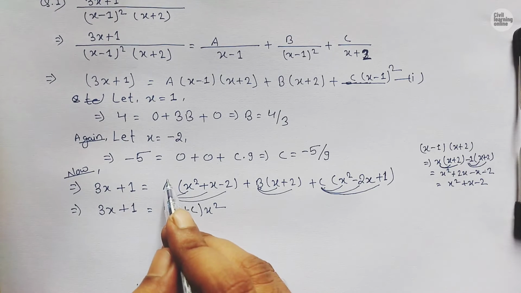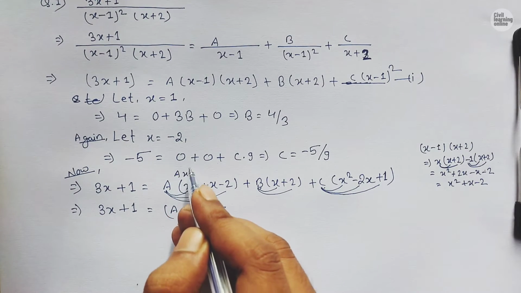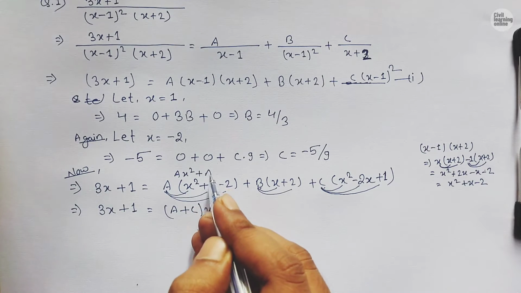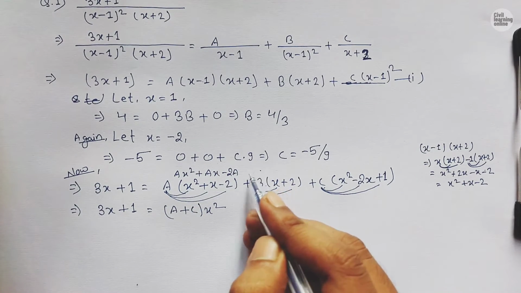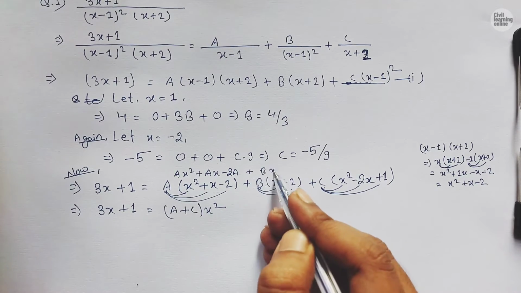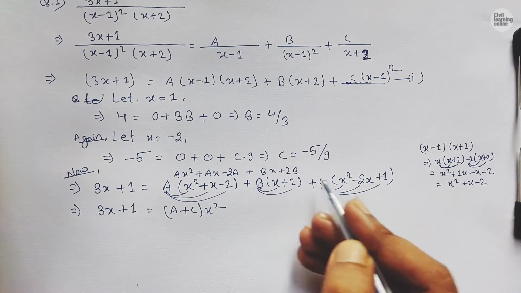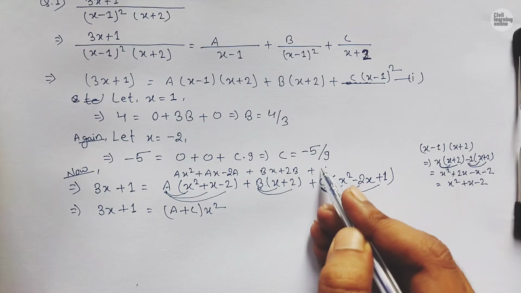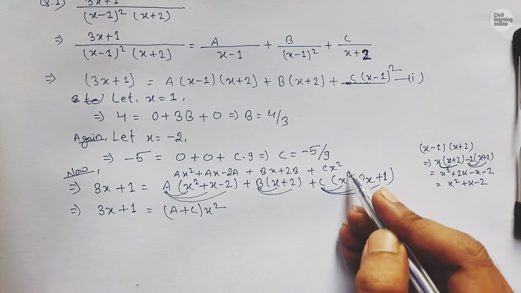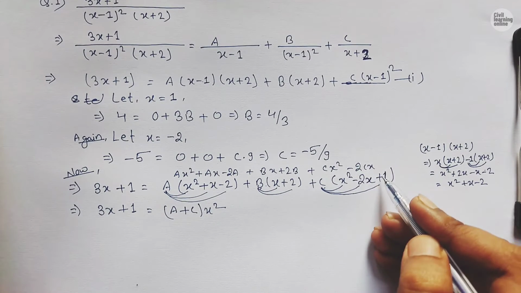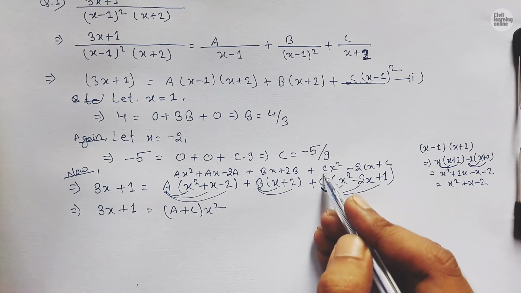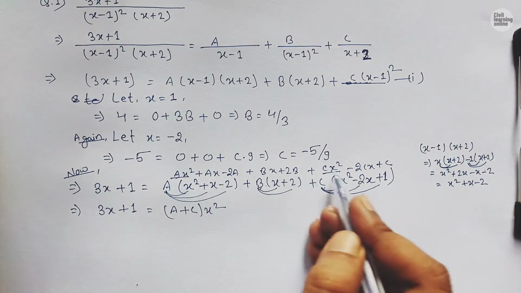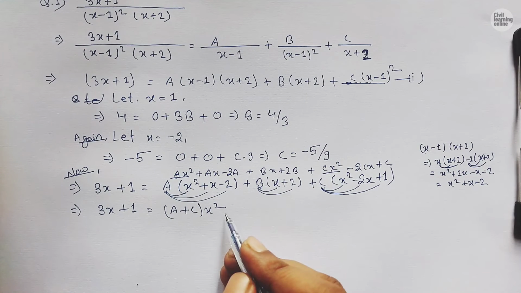See here, from here we will have ax square plus ax minus 2a. Similarly from here we will have plus bx plus 2b plus cx square minus 2cx, and from here we will have c. So you can see here, if we take x square common from both, we will have a plus c times x square.